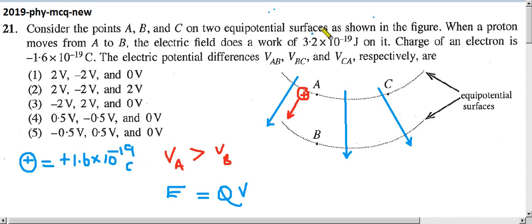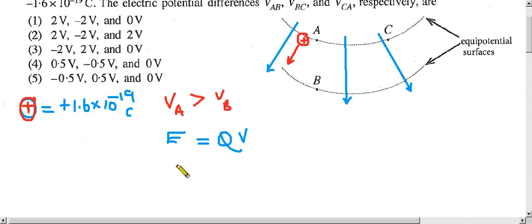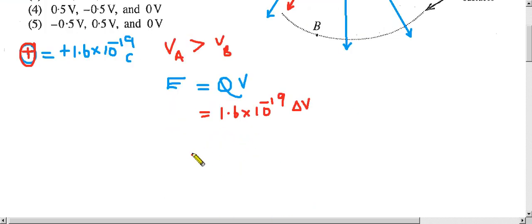So that is the charge of a positive charge. They have given the charge of an electron, but we know the charges are equal, electron and proton. Therefore we have to substitute that charge 1.6 times 10 power minus 19. Then we don't know delta V, the voltage difference. Energy is given 3.2, that is positive, times 10 power minus 19. So delta V we get 2 volts.